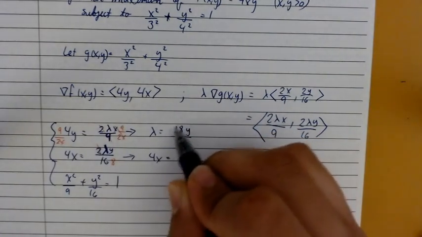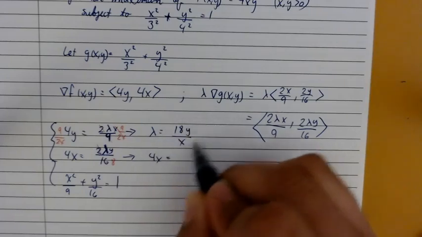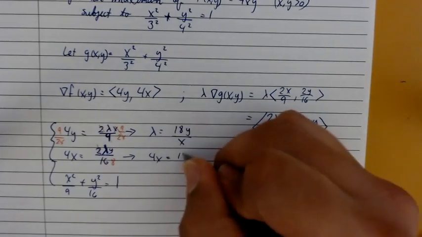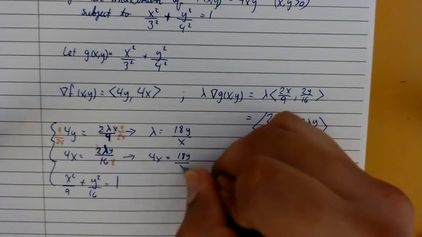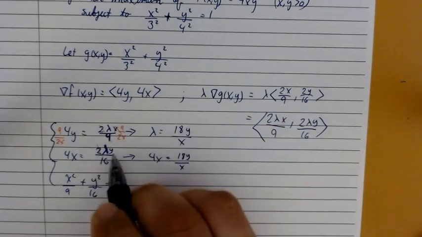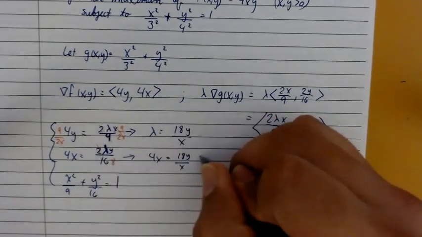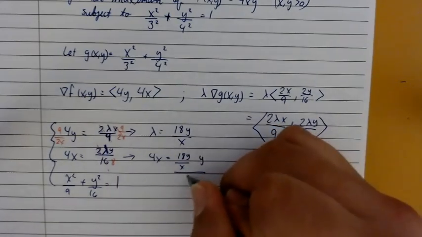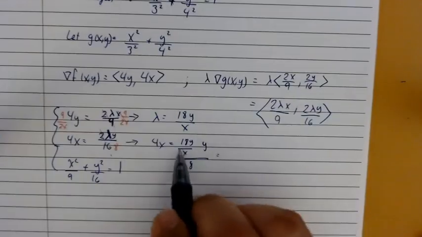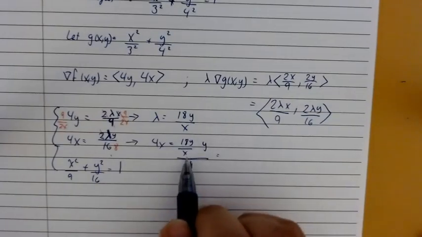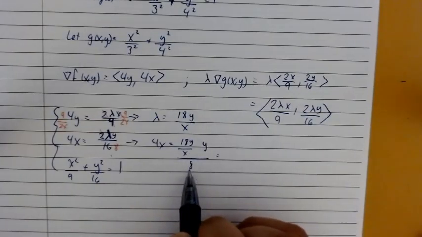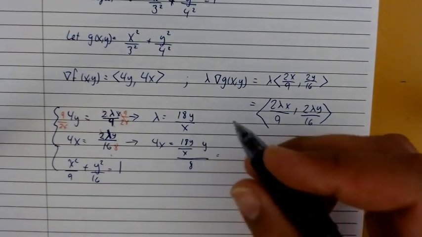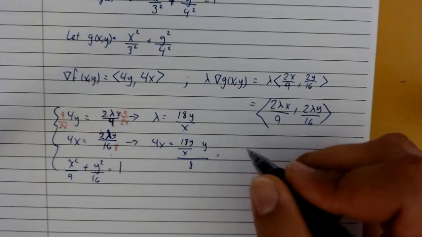But I know lambda is this stuff right here, so that's going to be 18y over x, that's my lambda, times y, over 8. It's going to give me 18y squared over 8x, which I can reduce to 9y squared over 4x. Wait, is that right?